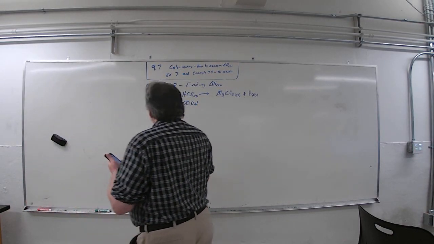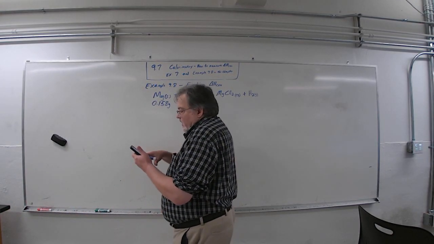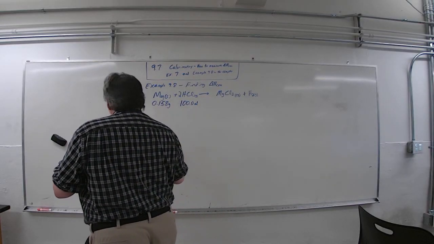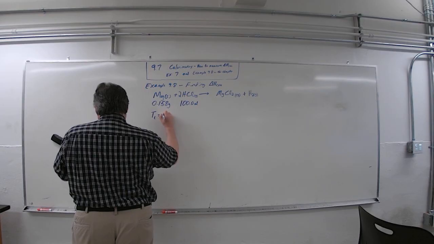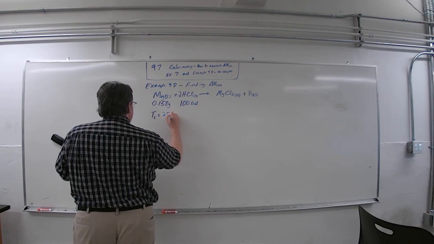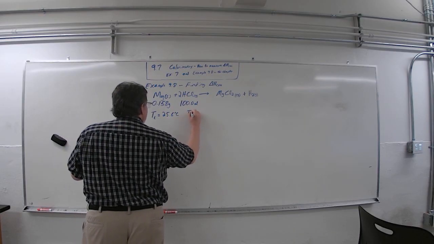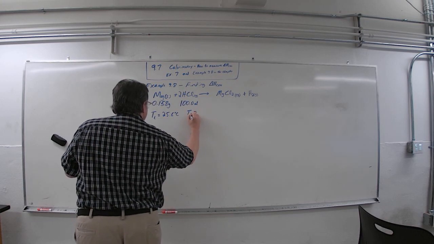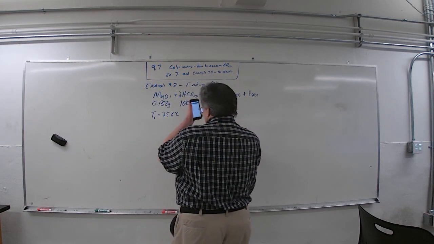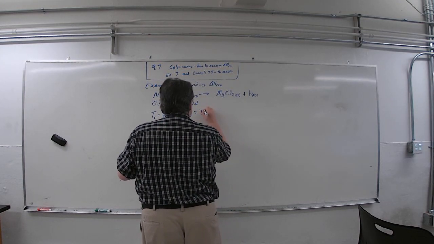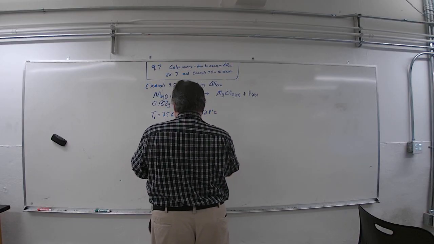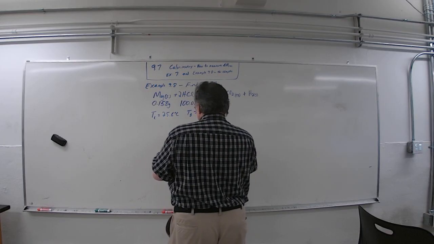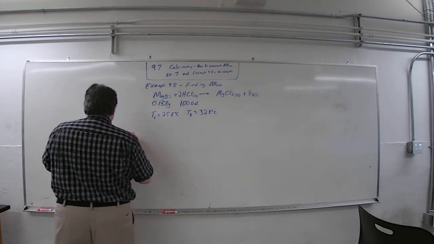What you do is, as soon as you put the magnesium in there, you seal it up with a thermometer in there, and the temperature changes. Initial temperature, the final temperature, 32.8. A couple other bits of information.